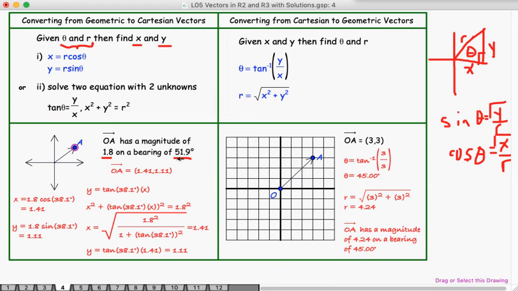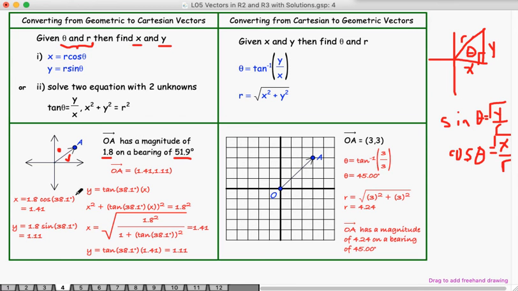We're on a bearing of 51.9 degrees, which means I'm giving you this angle right here. But the angle that we use in trig is not the angle between the y-axis and the vector or the line. It's got to be this one down here. Put a check mark there. So this angle now is going to be 90 minus 51.9, which gives me 38.1. So we're not doing 1.8 times cosine of 51.9.